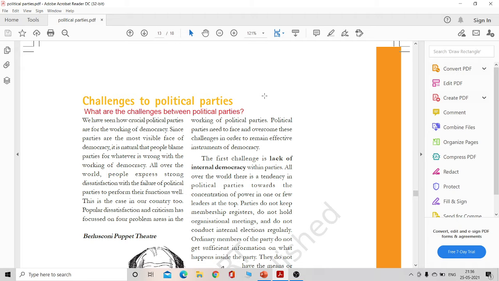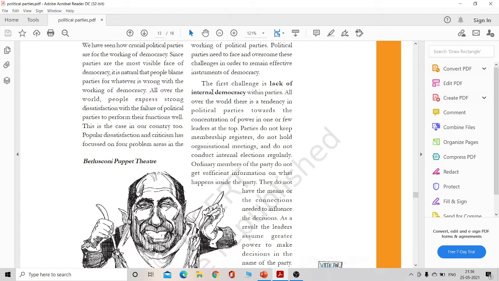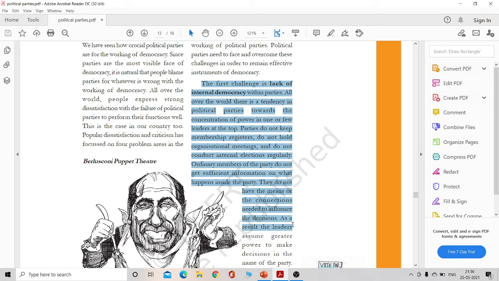The first challenge is lack of internal democracy, and here you have to mention that parties do not keep membership registered. There is concentration of power in only the top leaders, and ordinary members do not have any connection to influence decisions.